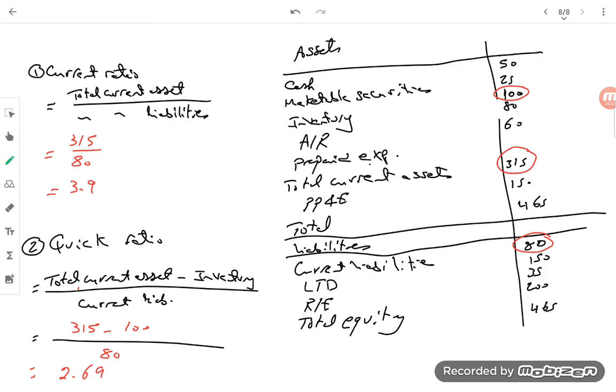If it's greater than 1, it's much better than less than 1. Number 2, determine creditworthiness. So this helps creditors to identify whether or not they should extend credit to a company.